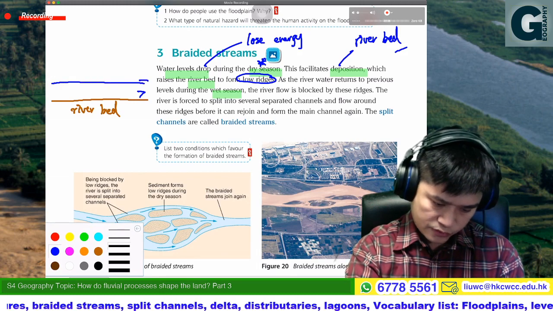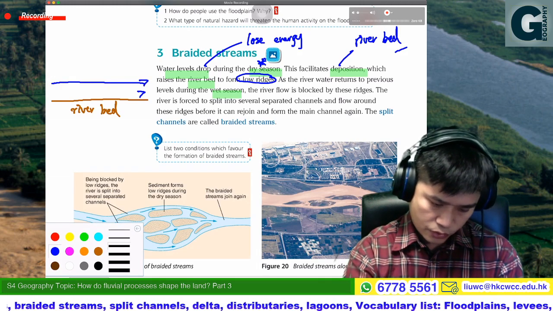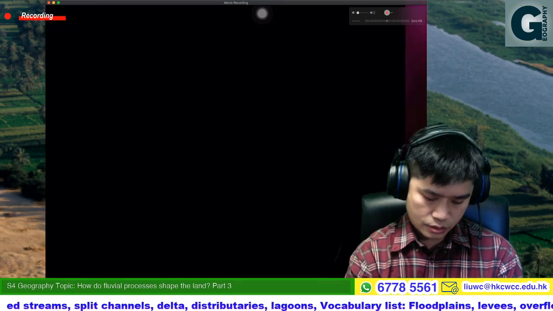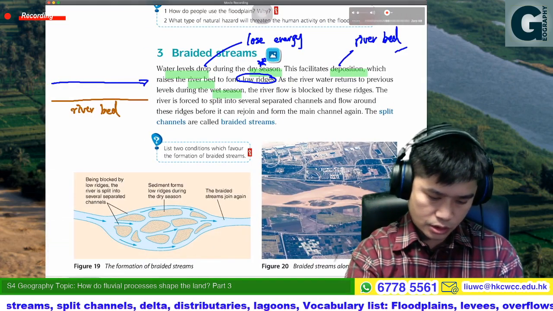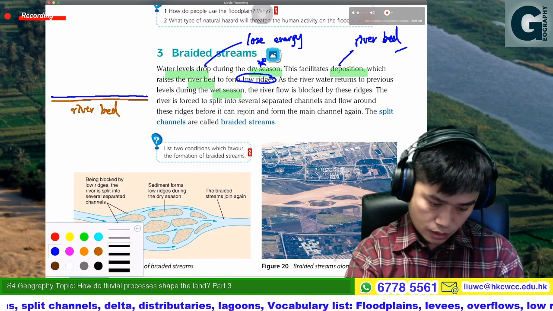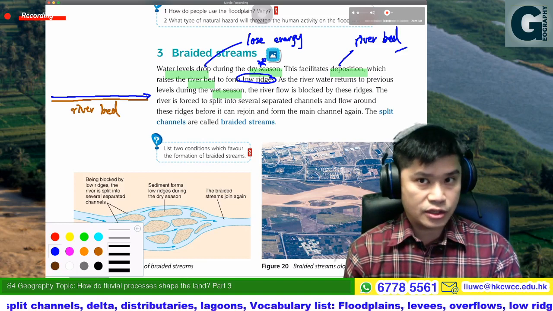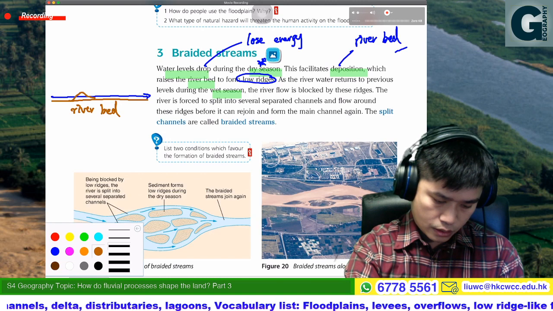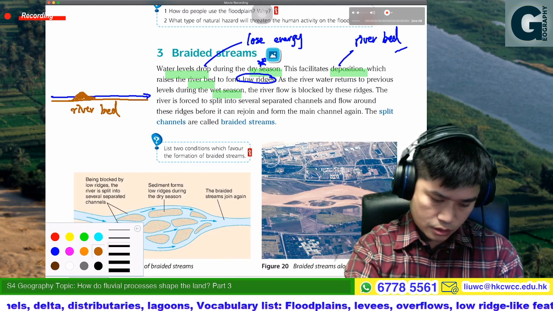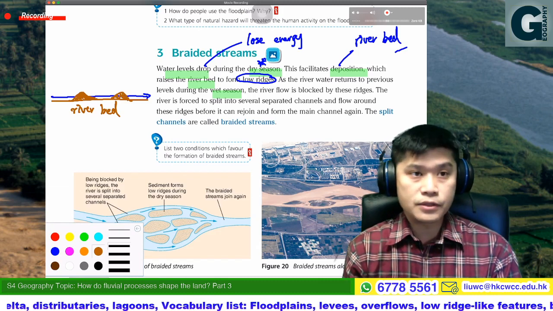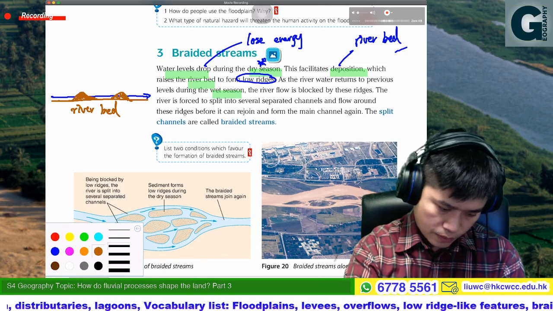But during the dry season, the riverbed becomes low. Sometimes it may lose its energy, so in some areas there will be deposition, or there could be more deposition.